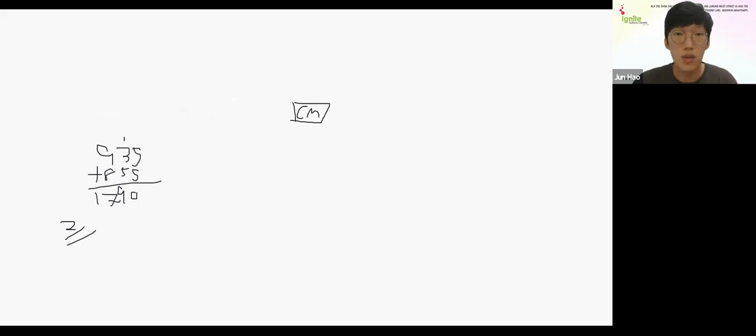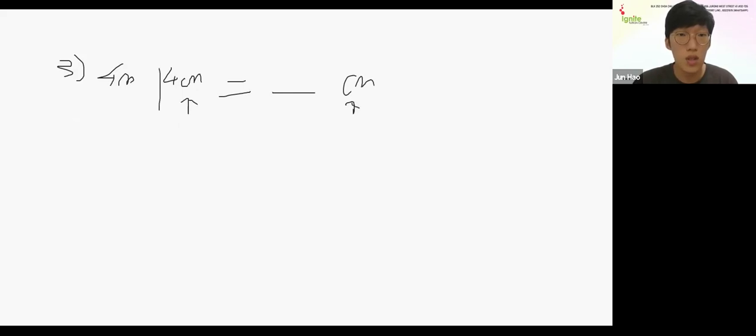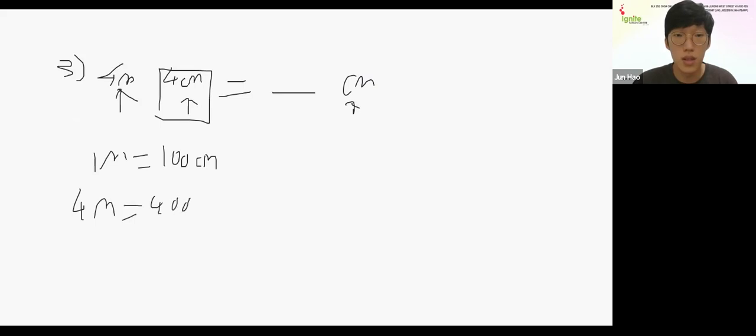Hopefully you're feeling better on this. Next, question 3: the height of a tree is 4 meters and 4 cm. They want you to convert all into cm. So we have cm here and cm here. I'm going to change this meter into cm. 1 meter is equal to 100 centimeter, so 4 meter will be equal to 400 centimeter.